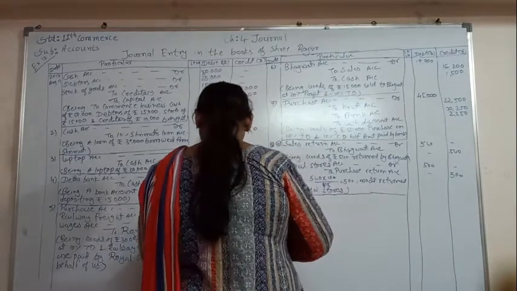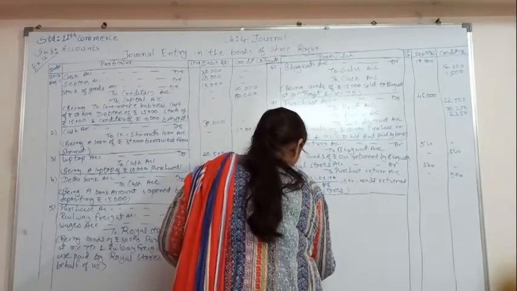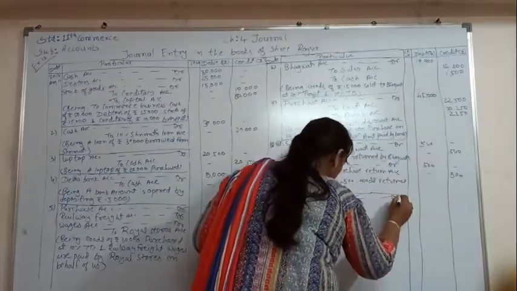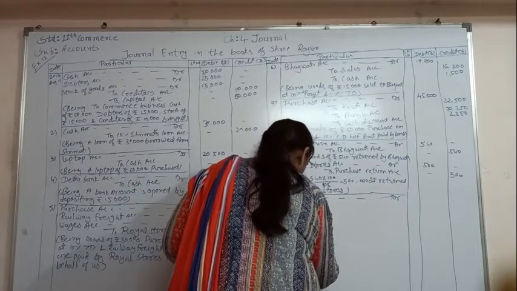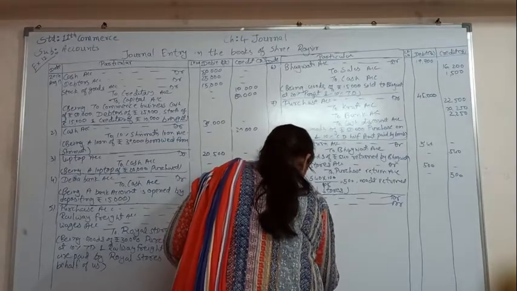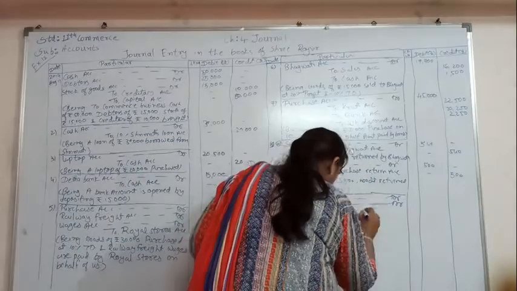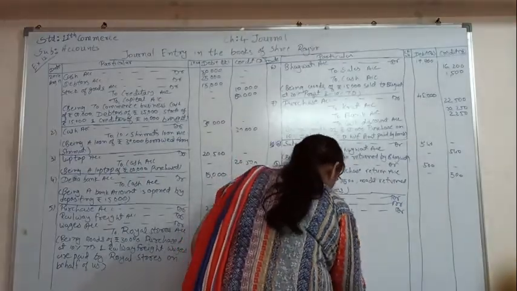So here we can see Nirali account debit, then cash account debit, cash discount account debit, to sales account.